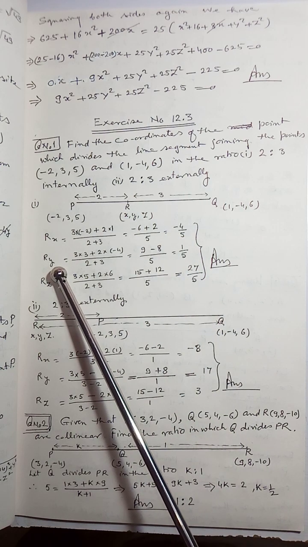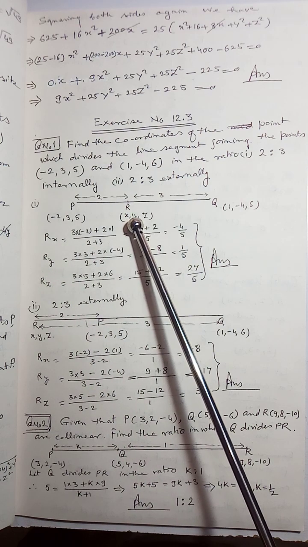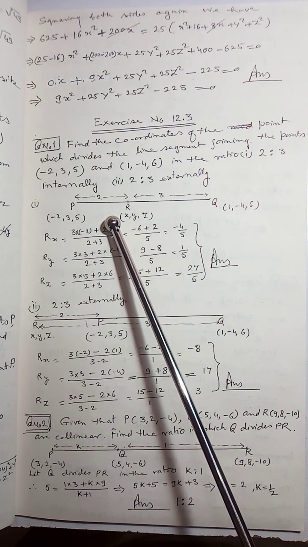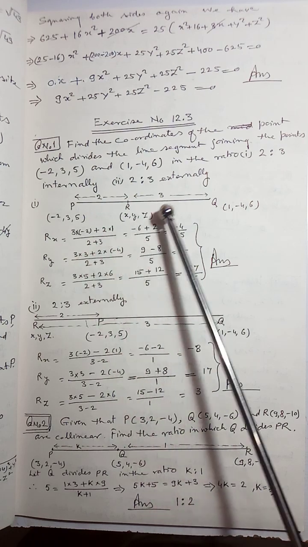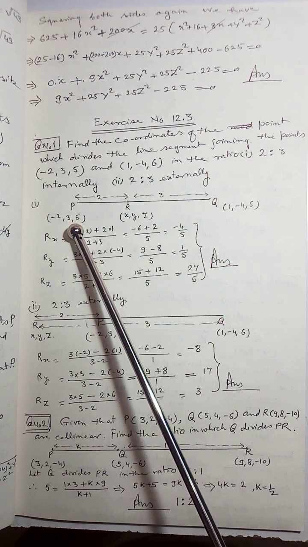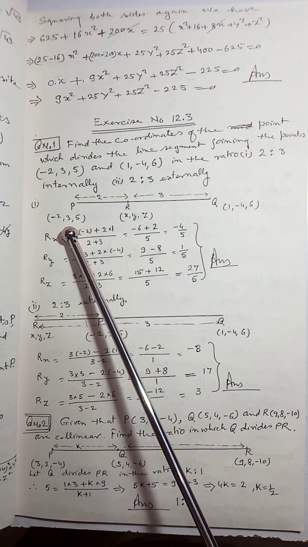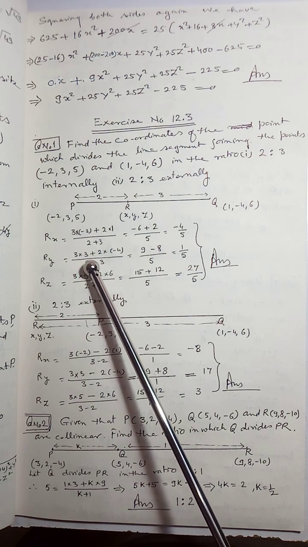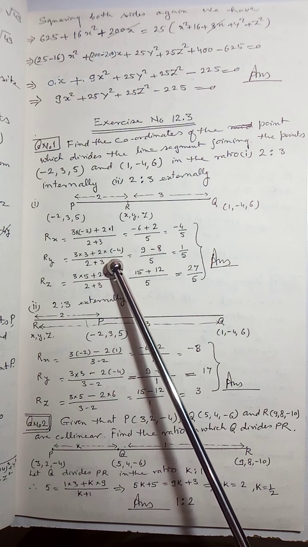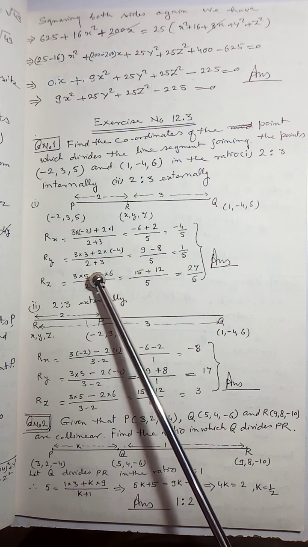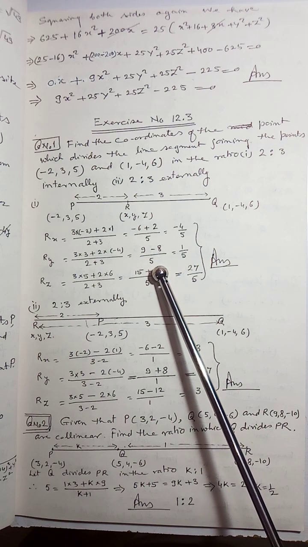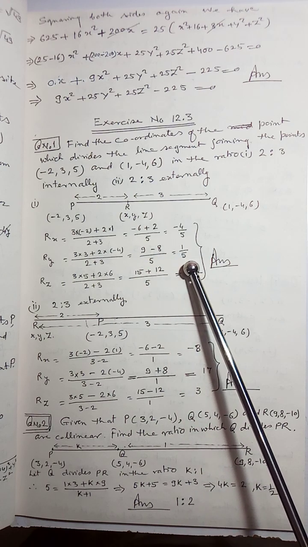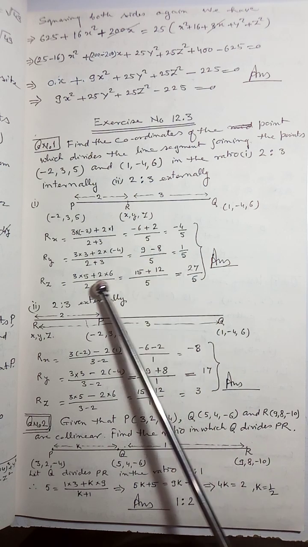So Ry, means the y coordinate of the point R which divides PQ in the ratio of 2:3. So 3 will be multiplied to the y coordinate of P, that is 3 into 3 plus 2 into -4, whole divided by 2 plus 3. It will be equal to 9 minus 8 by 5, which is 1 by 5.